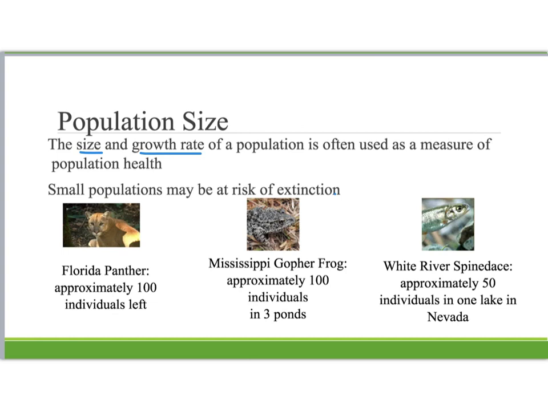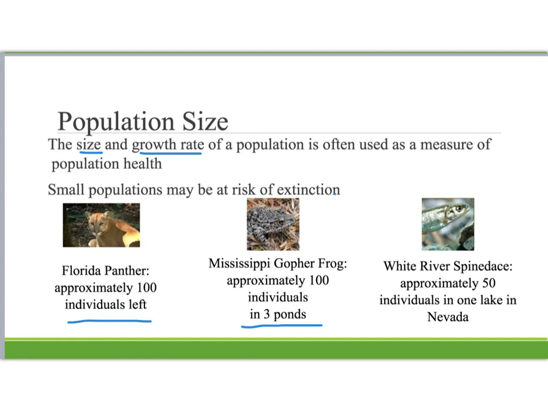The Florida panther, our first example here, has approximately 100 individuals left. So there's not very many breeding pairs left out of those 100 individuals. A major crisis, environmental change, could cause the loss of that species completely. The Mississippi gopher frog is in equally dire straits with, again, about 100 individuals spread out over 3 ponds in a particular region of Mississippi.